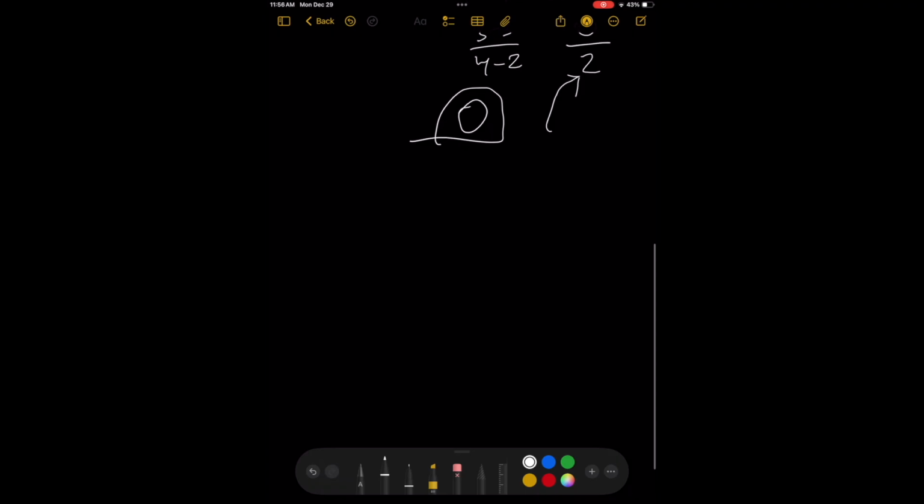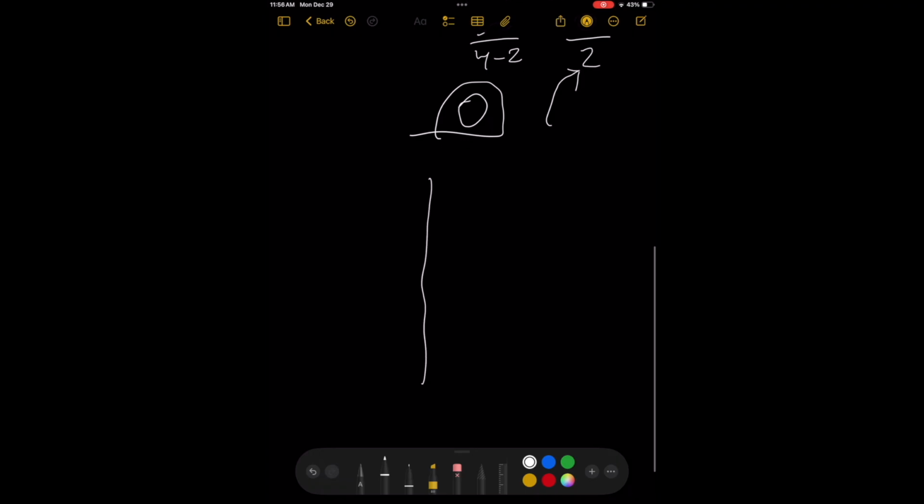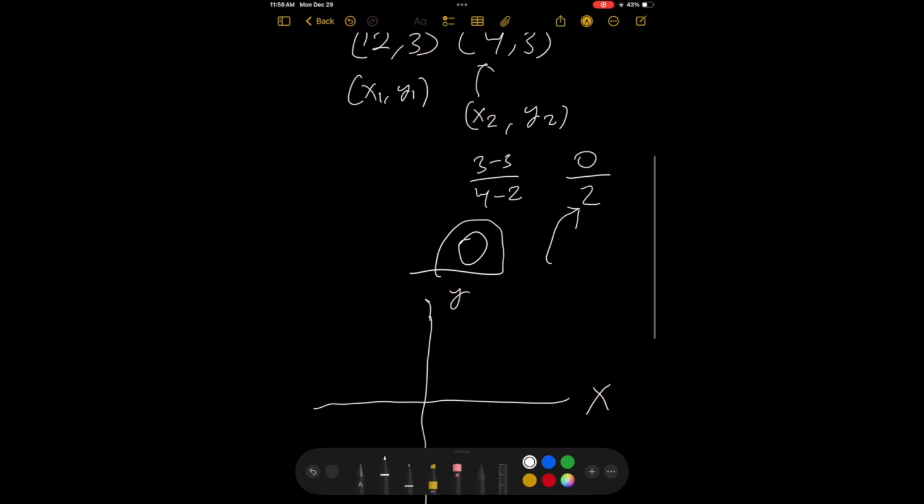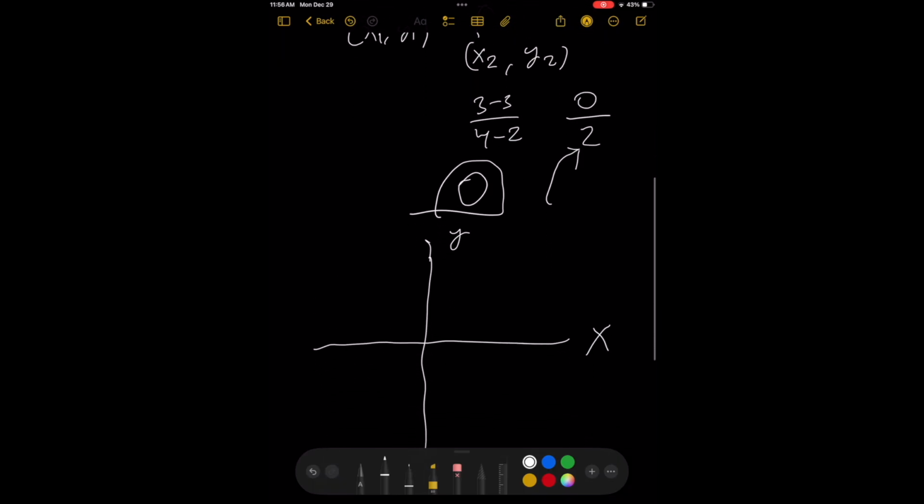So 0 slope, what does that mean? That means that our y-coordinate is not changing as x changes. Or if you just plot the points, you'll see the only line that connects these 2 points is a flat line.